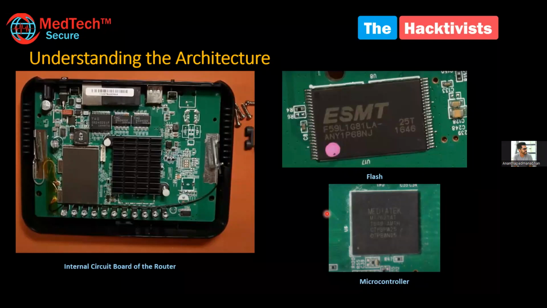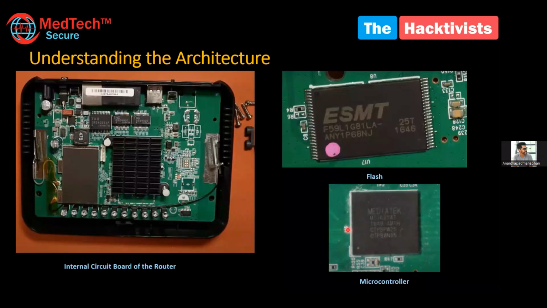another device called JTAGulator. Nowadays there are multiple devices coming up in the market, but this JTAGulator is an open source device. Suppose you got a microcontroller with various pins, and you don't have the data sheet either, so you need to find out what each pin is.